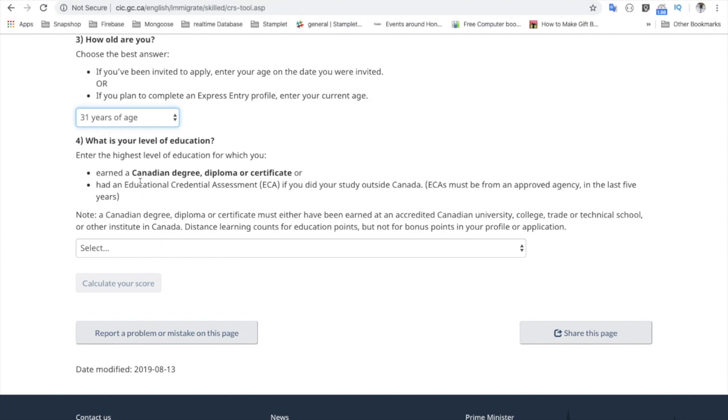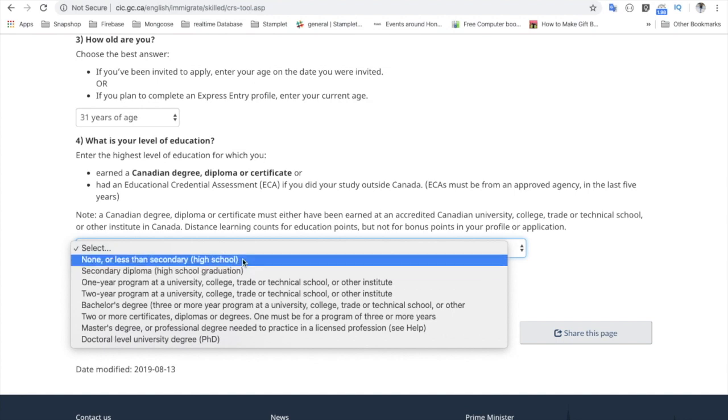Then the fourth point is, what is your level of education? Now there are two types of education. One is if you have a Canadian degree or a diploma, you get extra points. But if you are like me and you have done your education from India or any other country, then we will select this one. If you've seen my ECA video, I've done my MBA and before that my bachelor's.